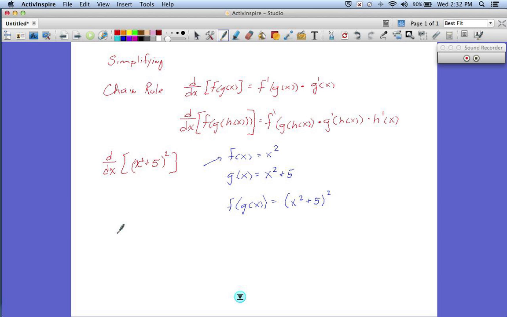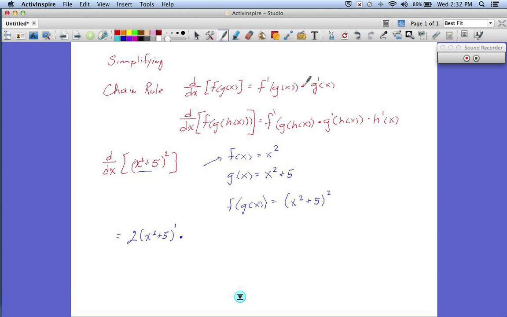So let's apply our little rule up here and refresh ourselves on chain rule. This derivative would then be equal to, well, it says to take f prime. Well, prime is 2x. 2x, but it says f prime of g of x. So instead of x, I write the x squared plus 5. And of course, that's to the first power.